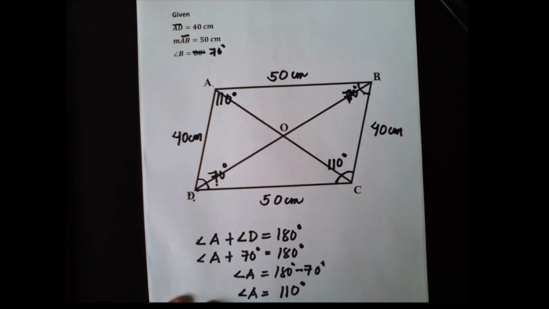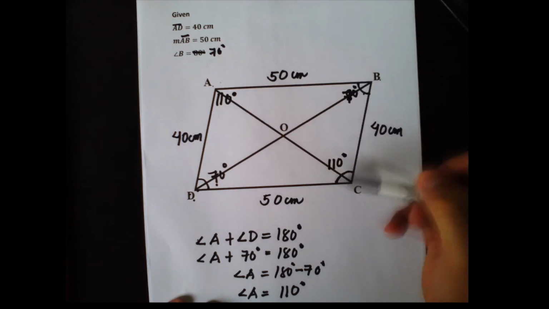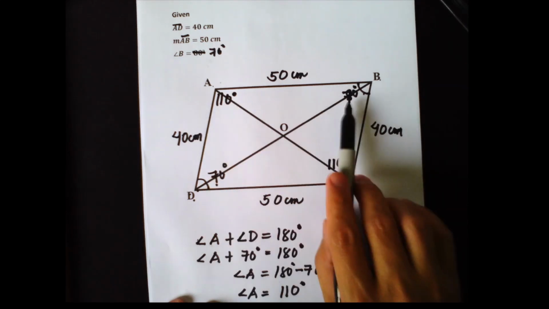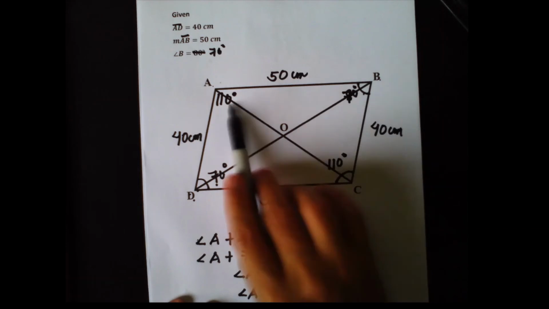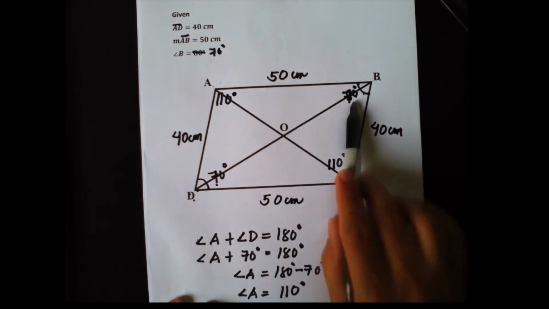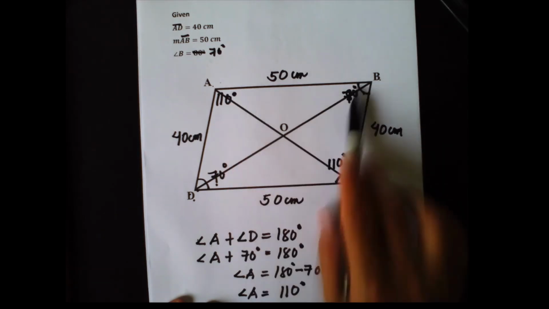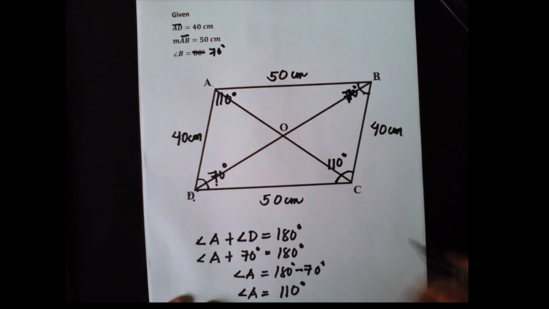When you total this, 110 plus 110 plus 70 plus 70, that is 360 degrees, which is the measurement of a quadrilateral. So that is how we find the missing angles and sides of a parallelogram.